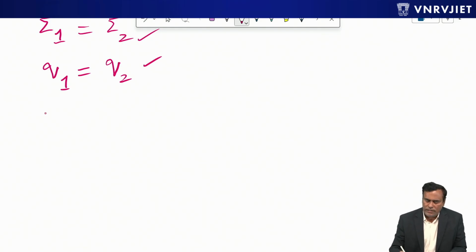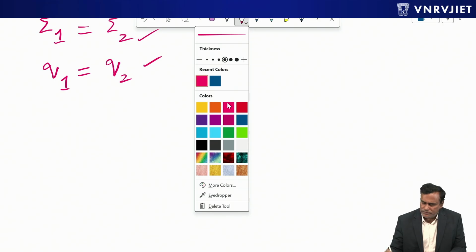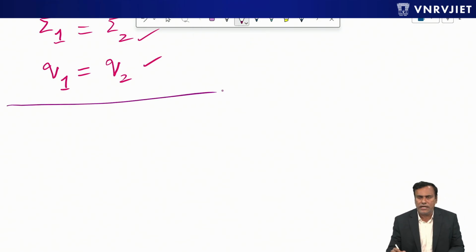For DFA, I am using delta 2. For NFA, I am using delta 1. Just now you have seen the transition functions of both, that is NFA and DFA.